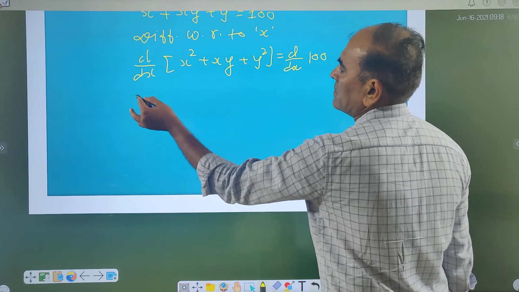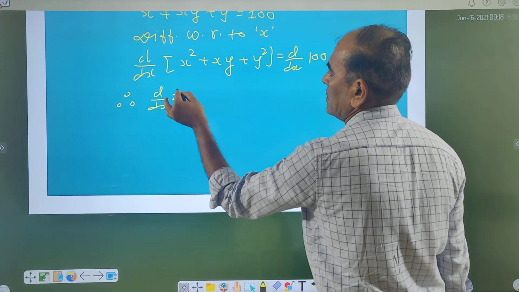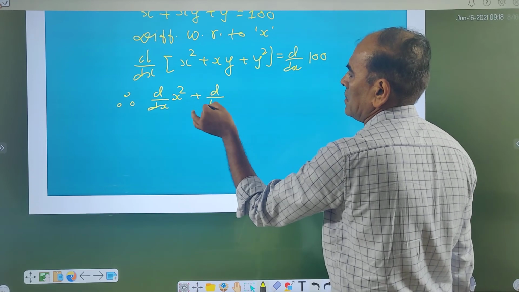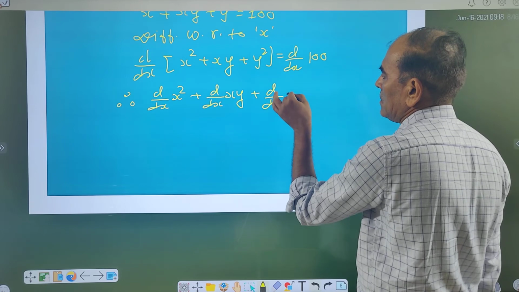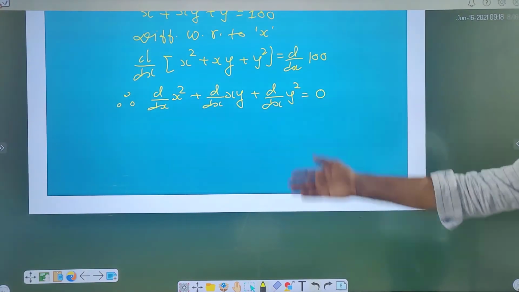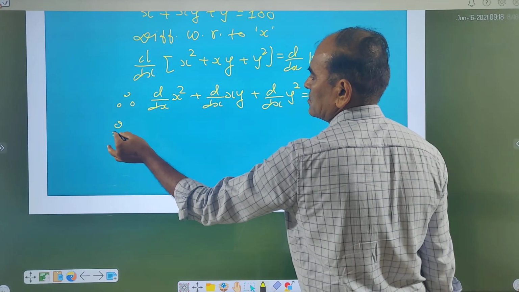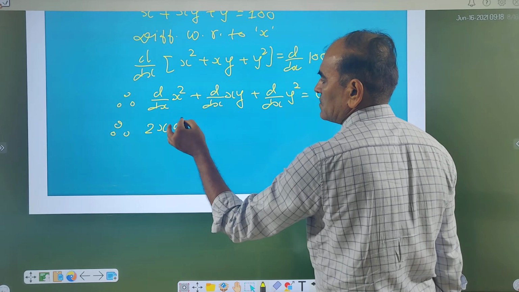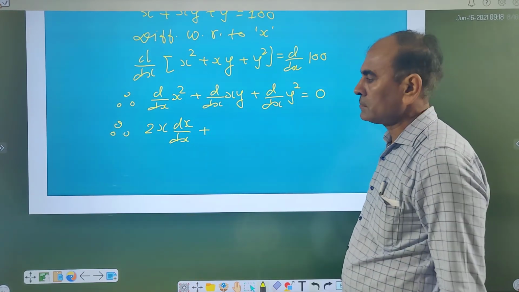Now addition is given, so differentiate term by term: d by dx of x square, d by dx of xy, d by dx of y square, and the right hand side is 0 because it is a constant. For y square we get 2 times the function times d by dx of the function.